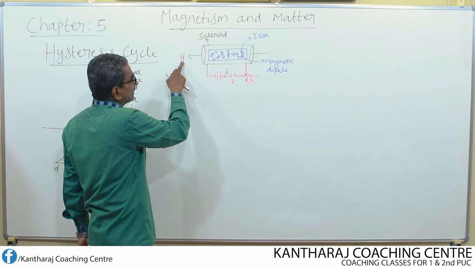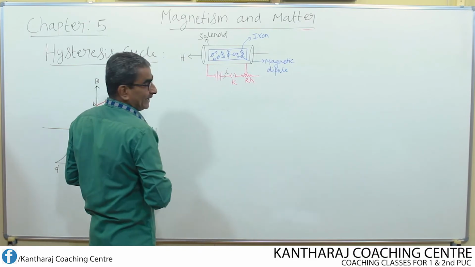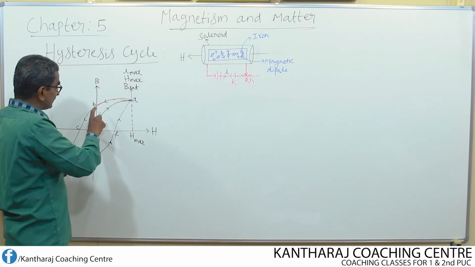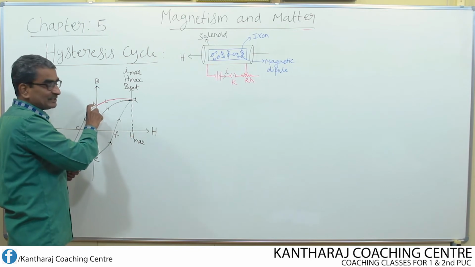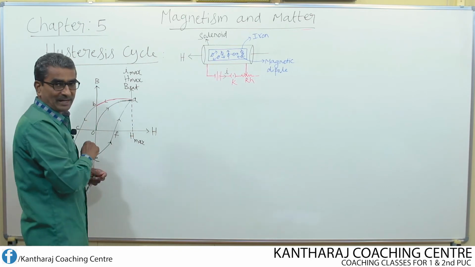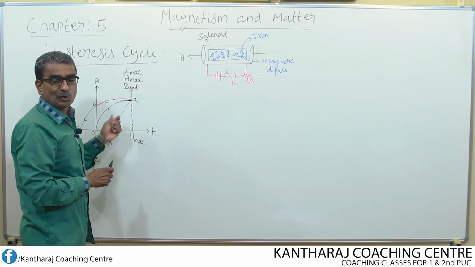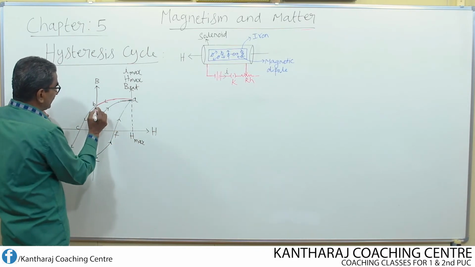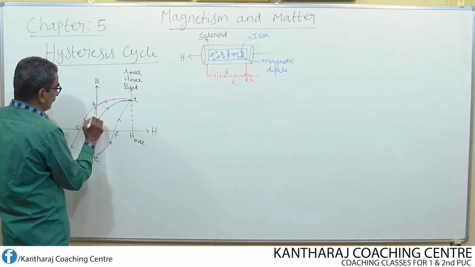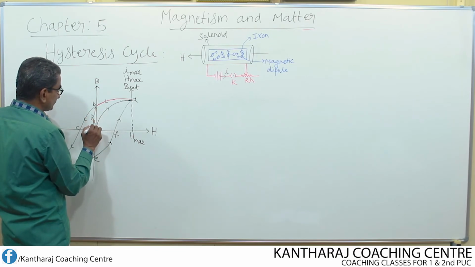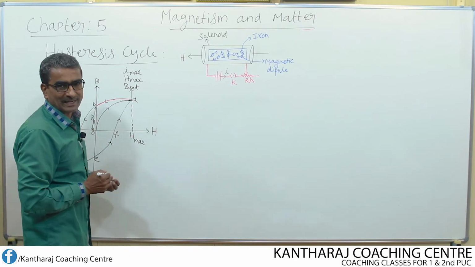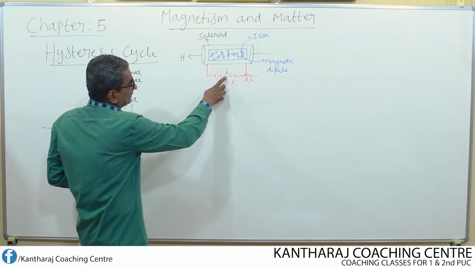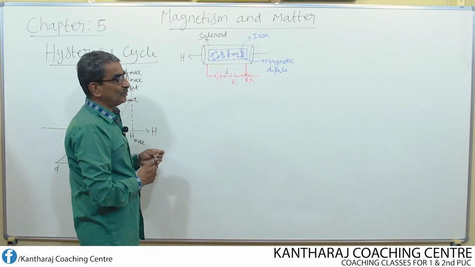If H increases, let us know about the magnetic field B, which the substance is able to retain, some amount of magnetism, and that is nothing but the residual magnetism. So from O to B, this amount refers to BR, residual magnetism. So what happens to the residual magnetism on increasing the current from 0?